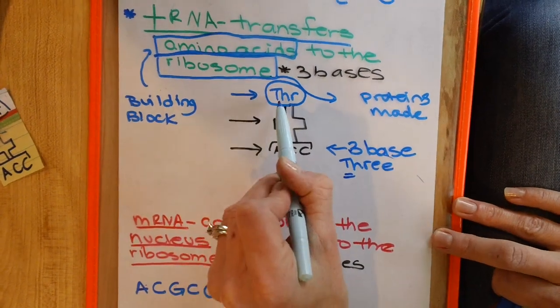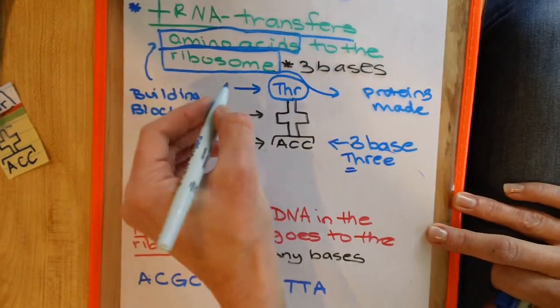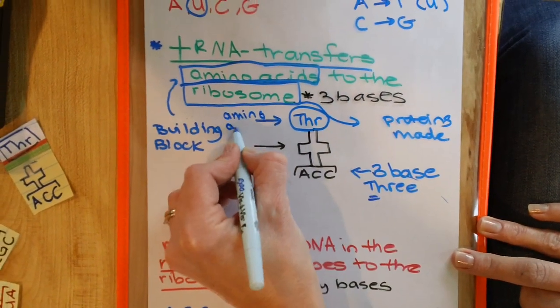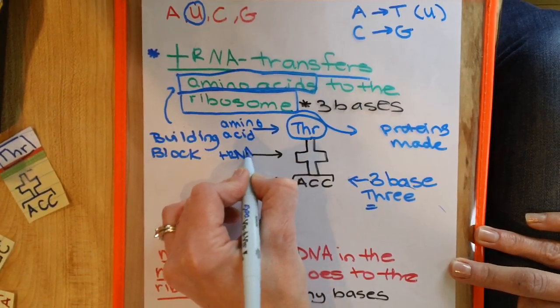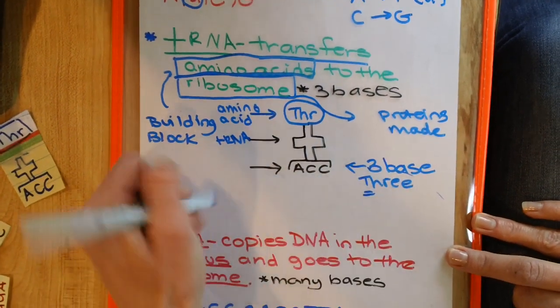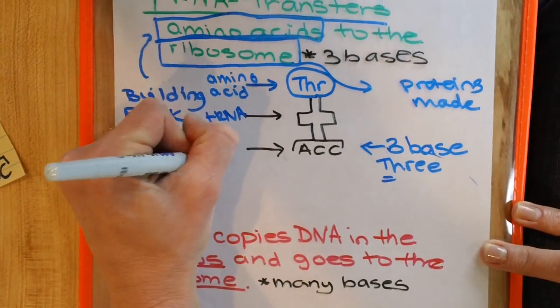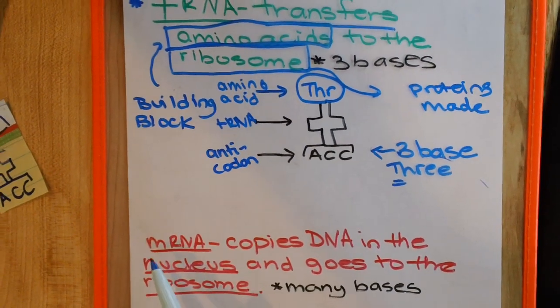And on the other side of this, you'll have the amino acid. So right here is the amino acid. This is the tRNA. And these 3 bases are called an anticodon.